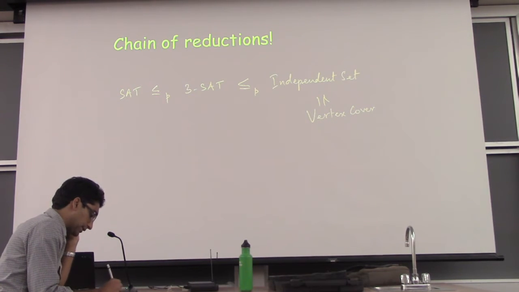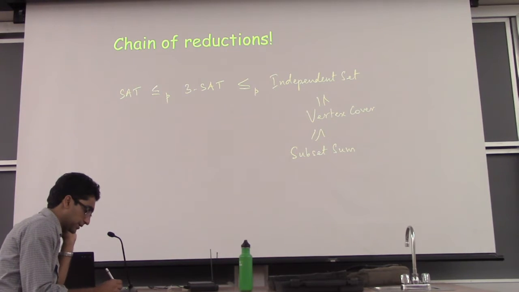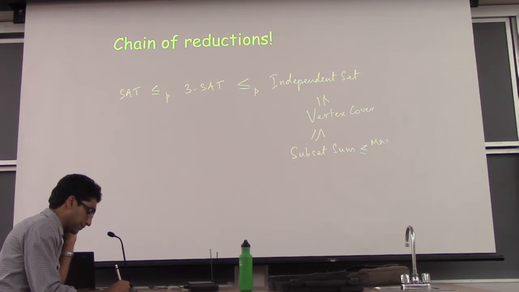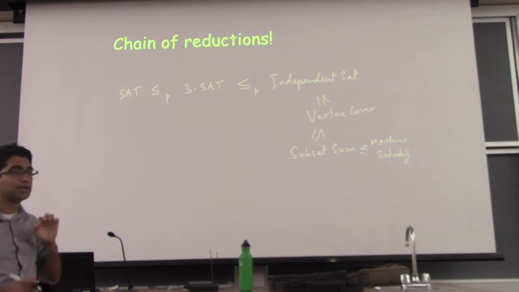And this basically reduces to subset sum, and this reduces to machine schedulability. So this is a picture I drew towards the end. So I just want to, in some sense, go through these reductions today.